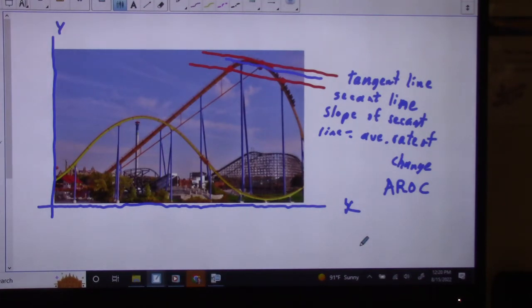When you use the average rate of change, you're not using calculus exactly, but you're using what can pass for a calculus approximation method. You can see that the closer we get, if we get really super close, we'll have a really good estimate of the slope of that tangent line, even if not exactly.